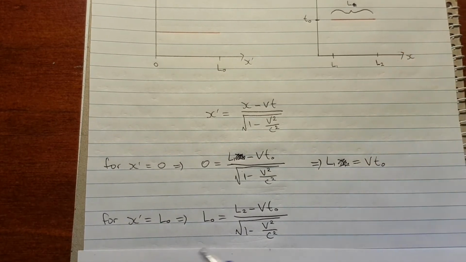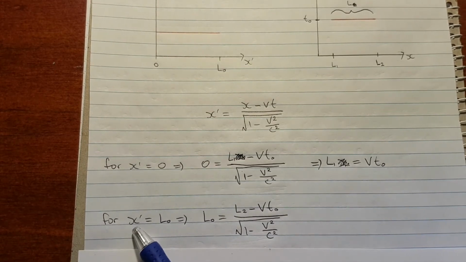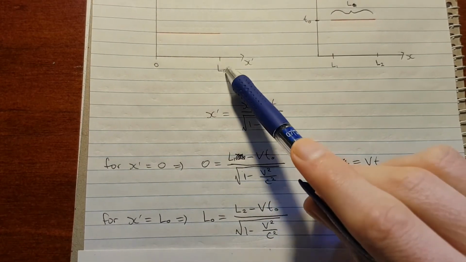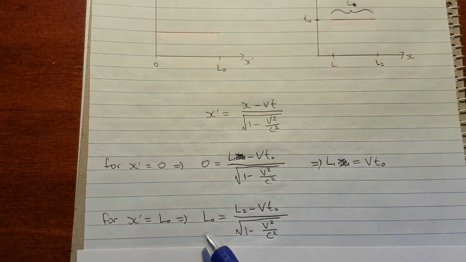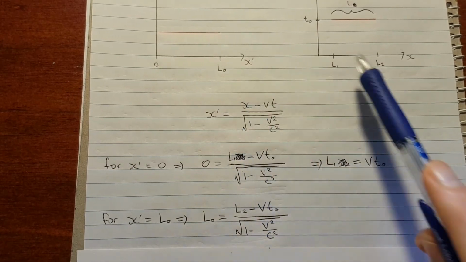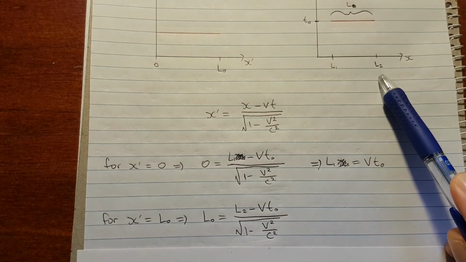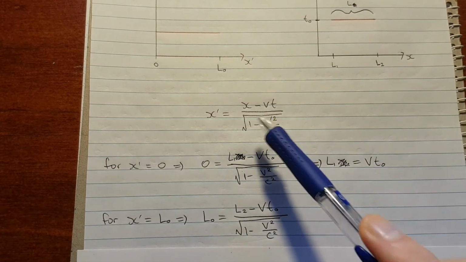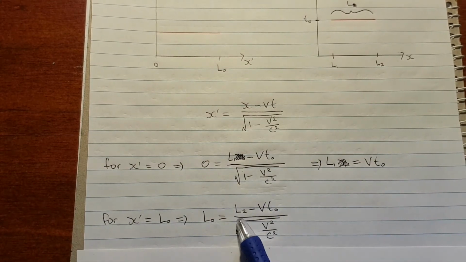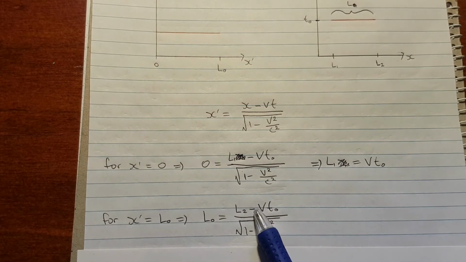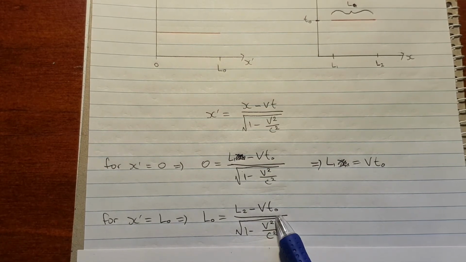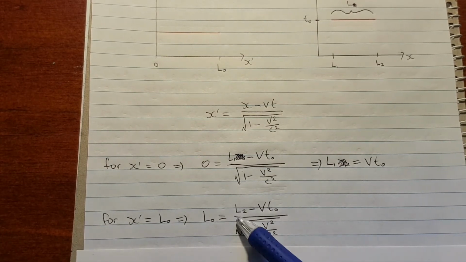Then we plug in the other end of our ruler, the point that corresponds to the other end of our ruler in x prime, which was L0. So x prime is going to be L0. That end of the ruler corresponds to this end of the ruler, L2, in our K system. So this x will become L2. We still have minus v times t naught, because we're still taking a snapshot at t naught, again divided by the square root term.